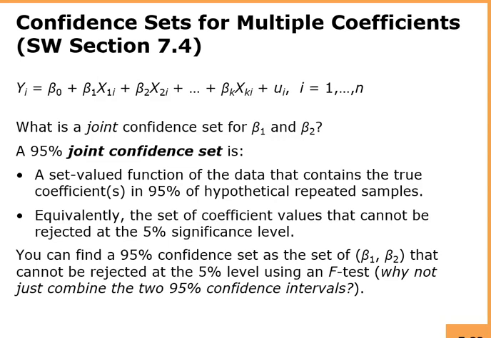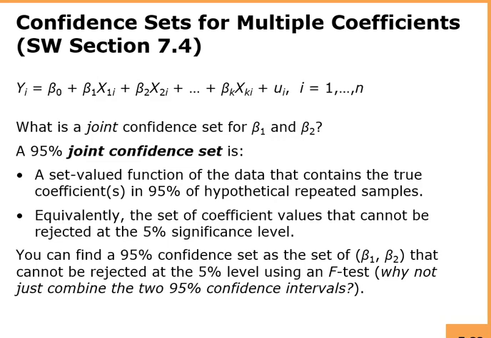Similar to the idea of the confidence interval for one single coefficient, confidence sets can also be generated for multiple coefficients. So what is a joint confidence set for beta 1 and beta 2?